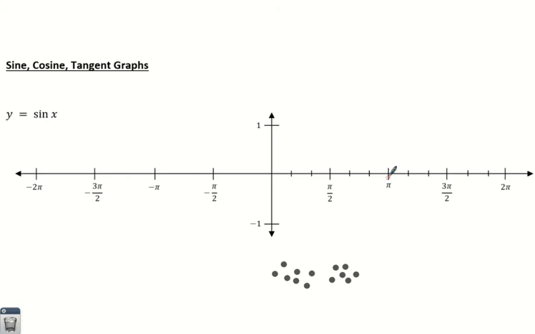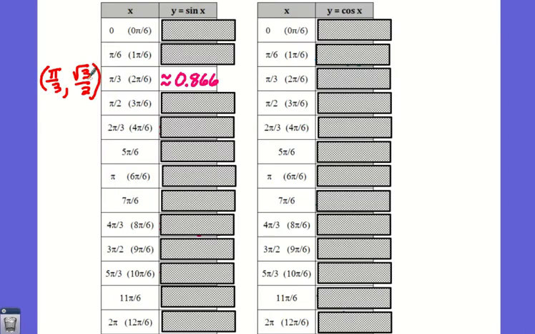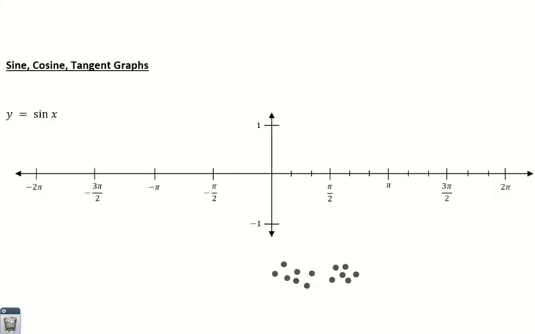Okay? So that's going to help, right? So, for example, when we go to plot this, 1 pi over 3, this is essentially 2 pi over 6, comma 0.866. So we're going to have a point at 2/6 of pi, 0.866. So that would be here.